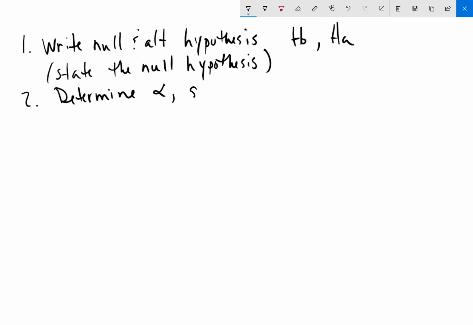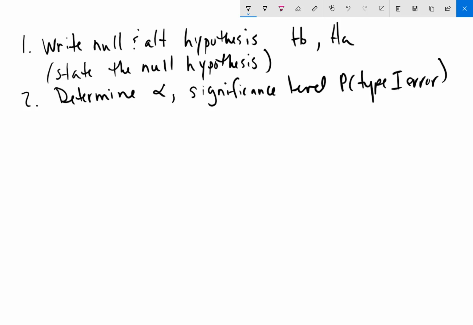And remember what alpha is. It's the significance level. And the significance level is just the probability of making a type 1 error. The triple line means it's a definition. Significance level can be defined as the probability of a type 1 error.